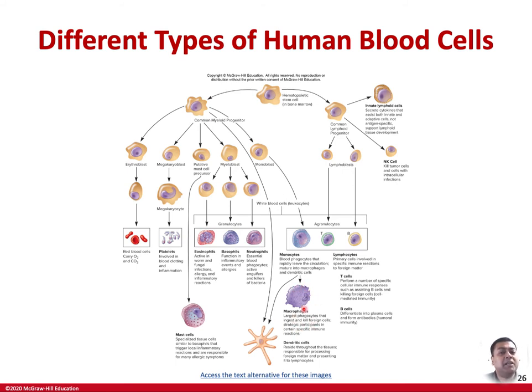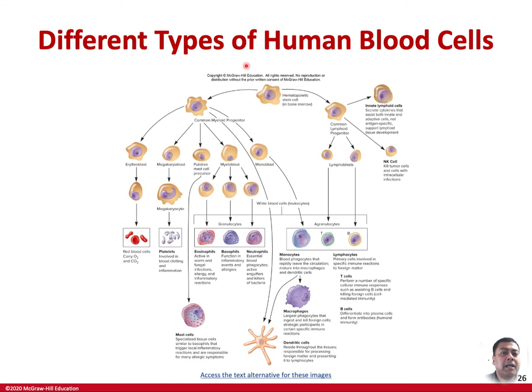Some of them can remain in the tissues, and they look for pathogens to phagocytose. They can also differentiate into dendritic cells, which can also arise directly from the common myeloid precursor. These dendritic cells are migratory cells which move around in many different tissues and look for pathogens. Once they encounter a pathogen, they capture it and present it to the immune cells. That's why we can call them sentry cells.